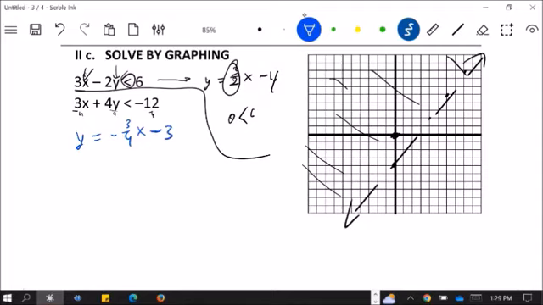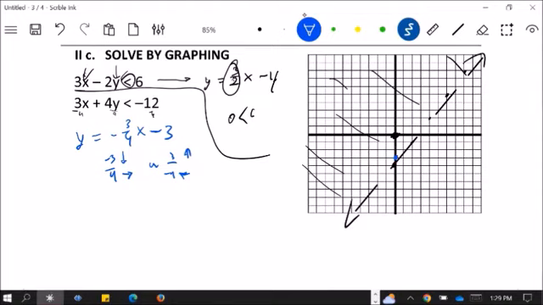Okay, that's better. Let's go to negative 3. The slope is negative 3 over 4, which means down and over, or 3 over negative 4, which would be up, but then over that direction to the left. So it doesn't matter which one.